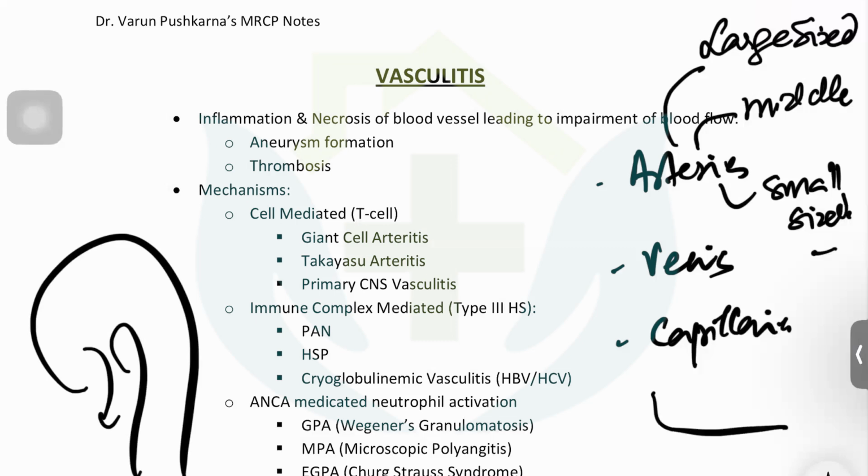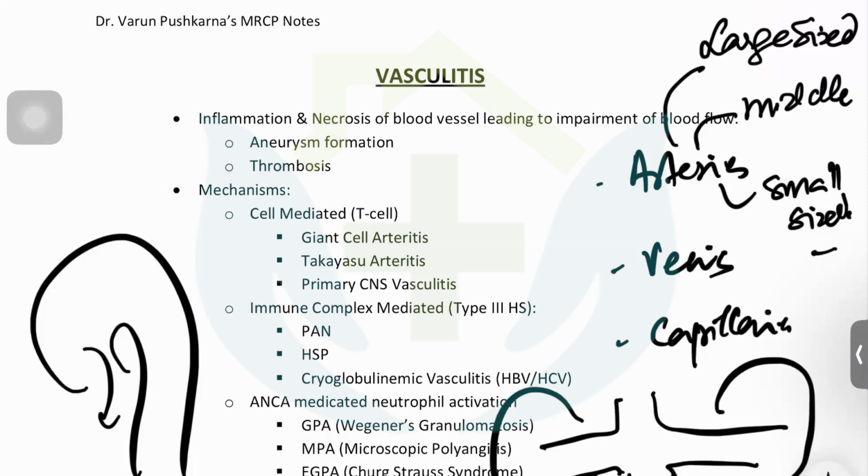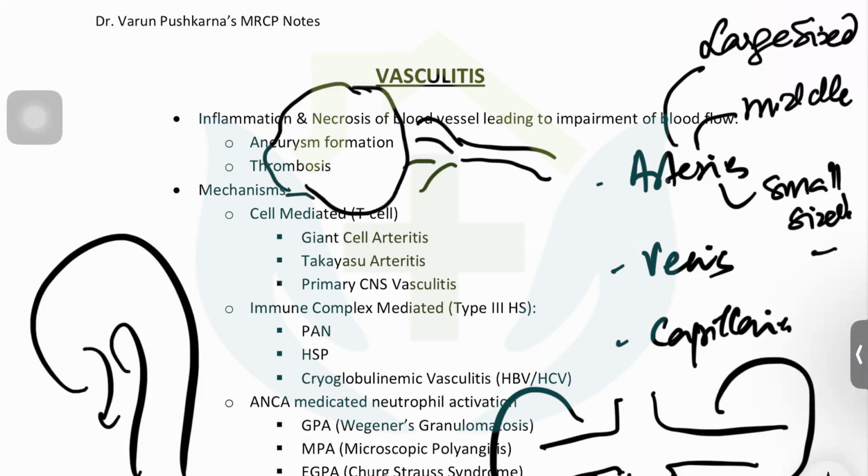Then there are patients who have middle size, like renal arteries involved. Then these patients will have gradually or rapidly progressive renal dysfunction, or they can have the arteries providing blood to the orbit of the eye. That means this patient can become blind if you don't treat them fast enough.